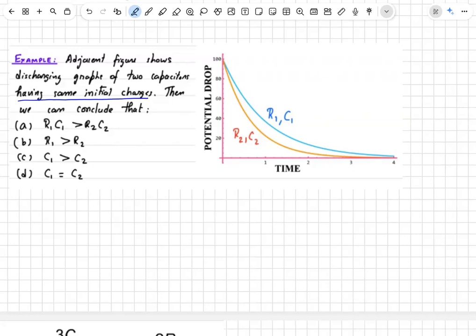There are two capacitors having the same initial charge, and same initial potential difference across the capacitors. So obviously clearly C1 is equal to C2.